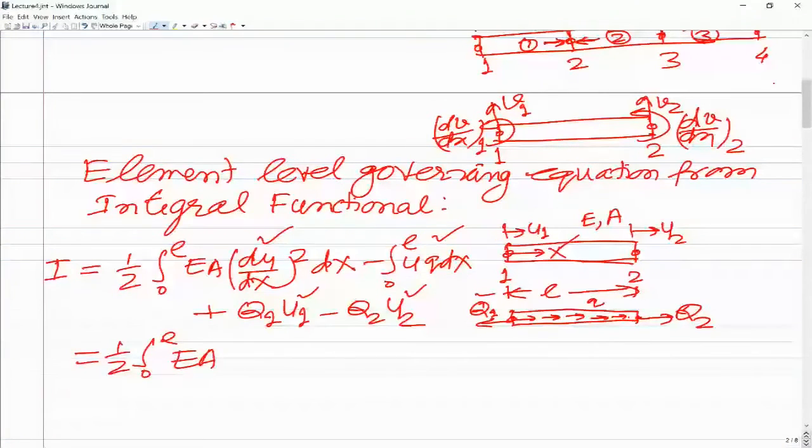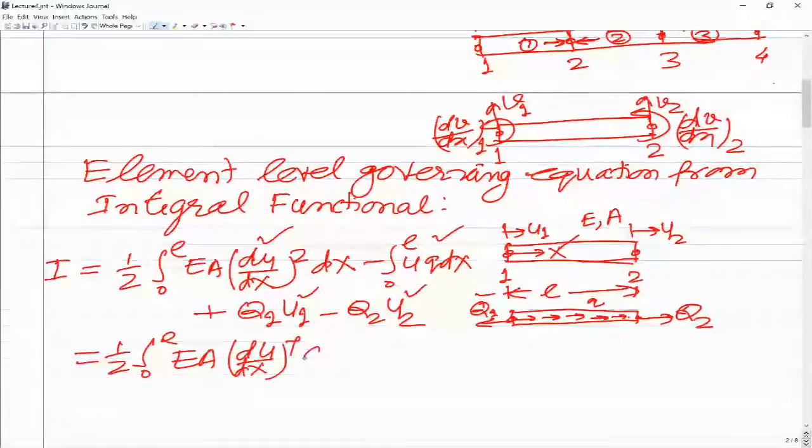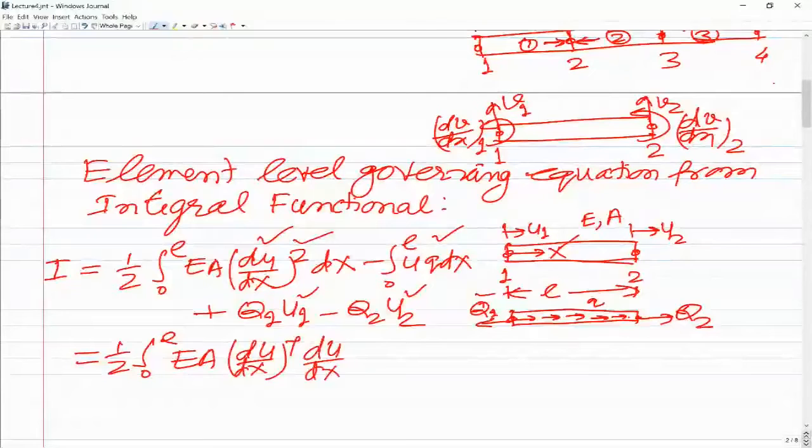I can write the same thing as du by dx transpose into du by dx. This is the same as what is written here, only because it is a scalar.